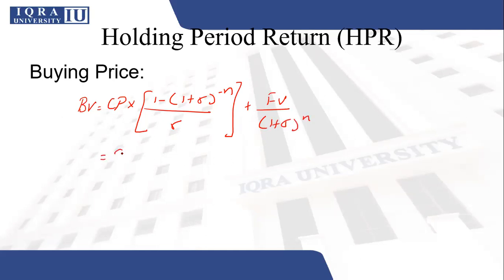The coupon payment is 93. The R, what was the R? It was 8%. The maturity of the bond was 10.